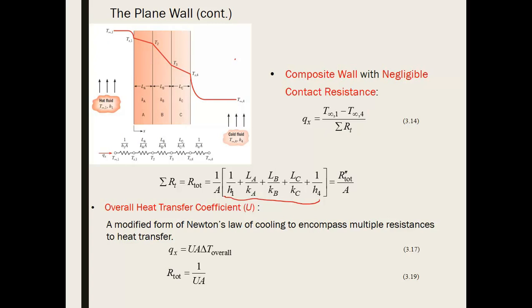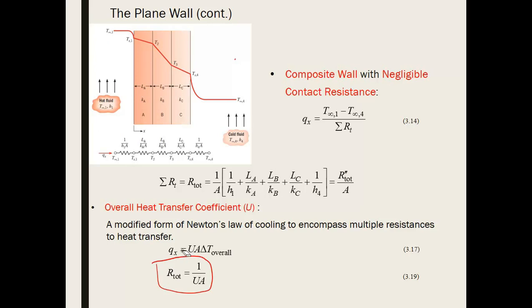So another way of expressing this would be by defining something called the overall heat transfer coefficient. It's just another form, and sometimes this is preferable to doing the thermal resistances, but the total resistance is just 1 over the overall heat transfer coefficient times area.